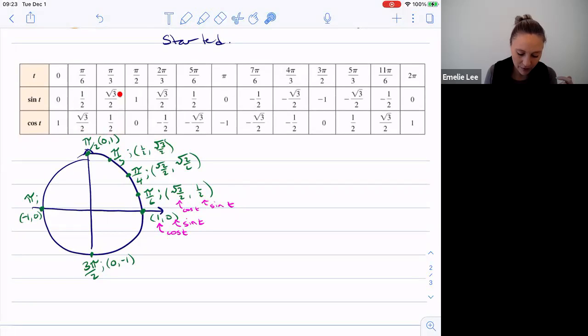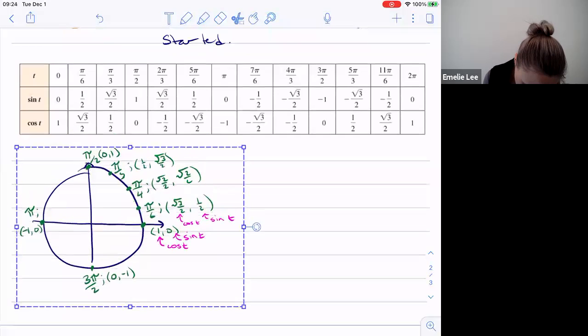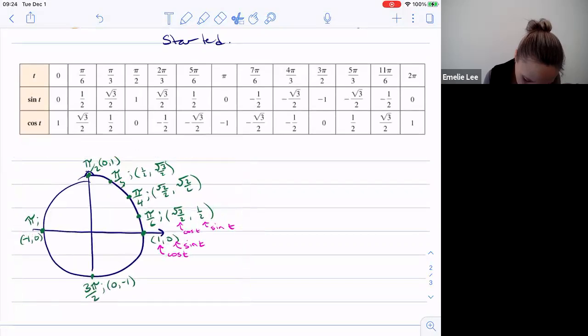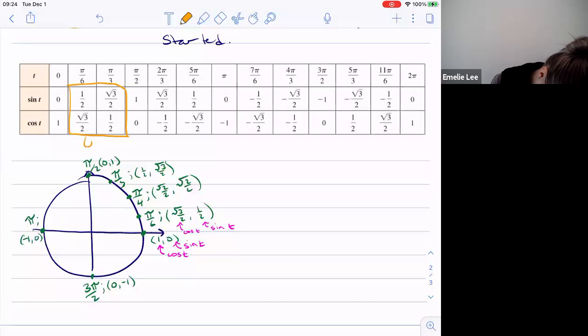So what's going on here is you've got your first quadrant, your second quadrant. Let's have a look here. This is your quadrant 1. X and Y are both positive.